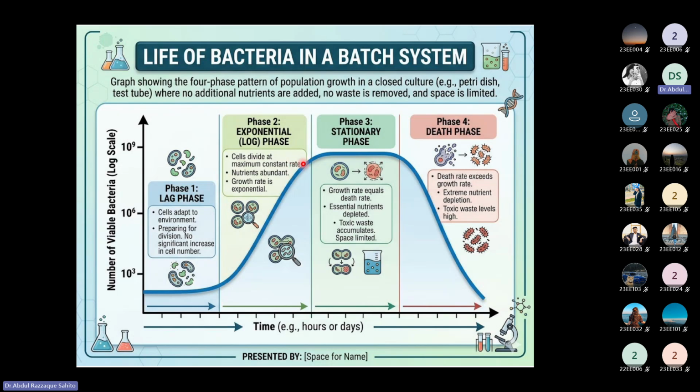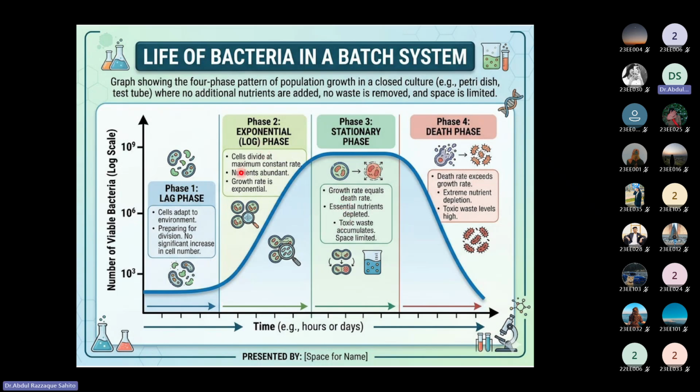After some time, the third phase starts. We call it the stationary phase because here the rate of growth and the rate of death of the bacteria are both the same. As both are the same, there will be no considerable increase in the population of bacteria. Moreover, here the essential nutrients are depleted.